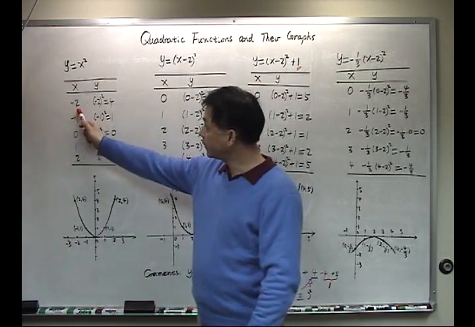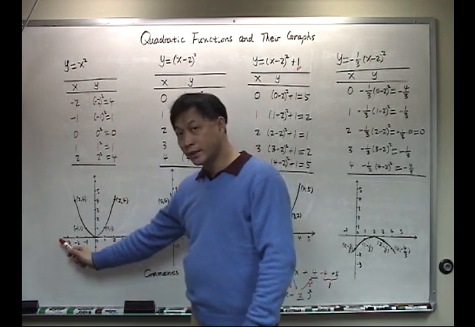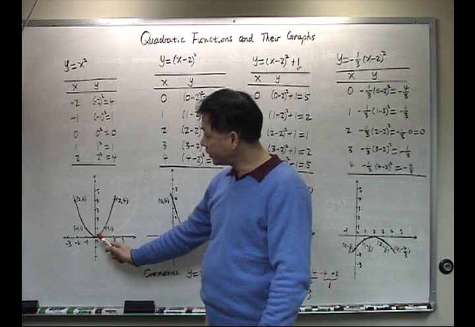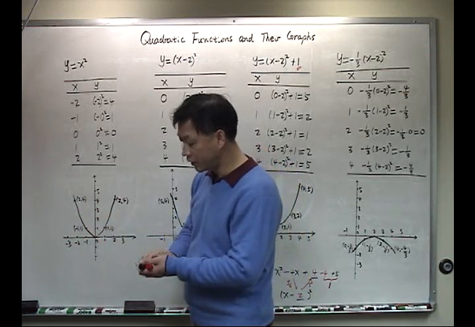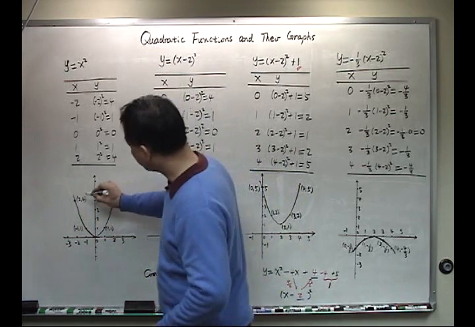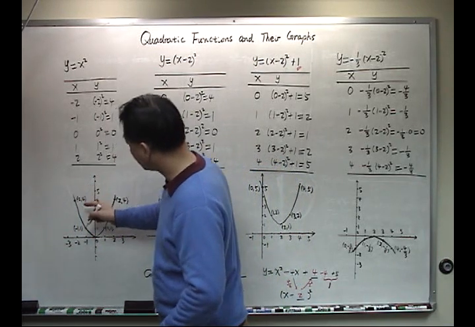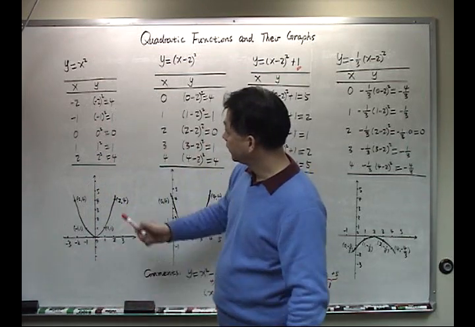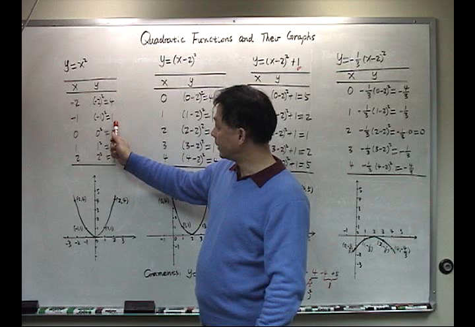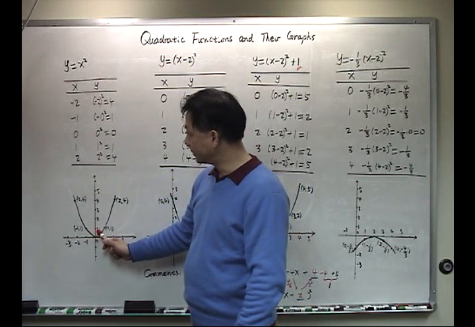X equals negative 2, y is 4. Horizontal line is the x-axis. X is negative 2, y is 4. So here we have negative 2, positive 4. Now, negative 1, 1. X is negative 1, y is 1.